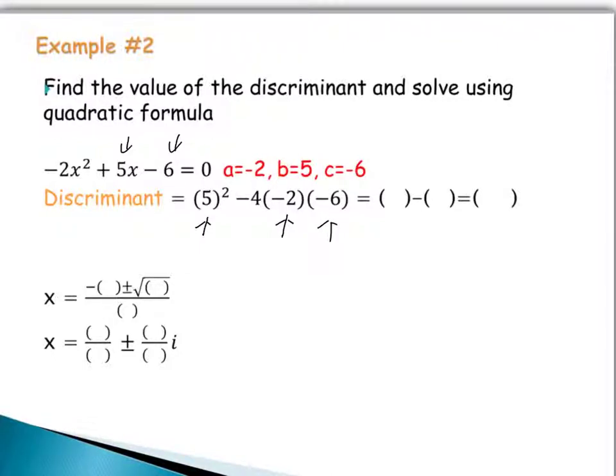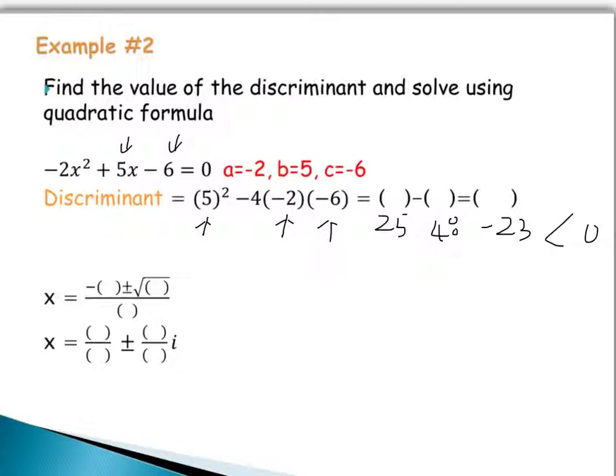So what number will you get? Think about it. So you get 25 minus 48, right? So is it positive or negative? Negative 23. So your discriminant this time is less than 0, a negative number.